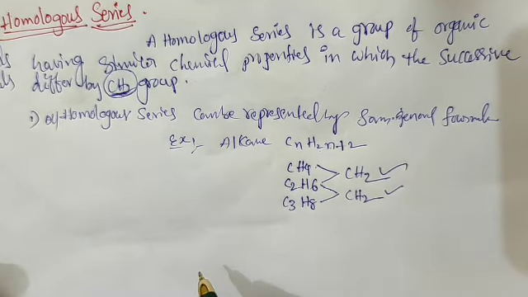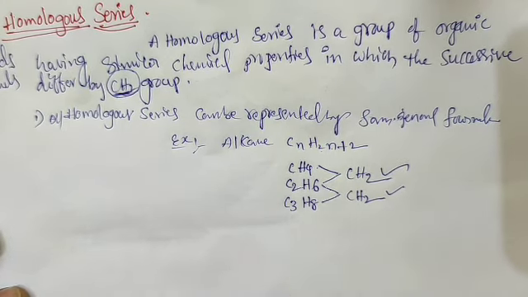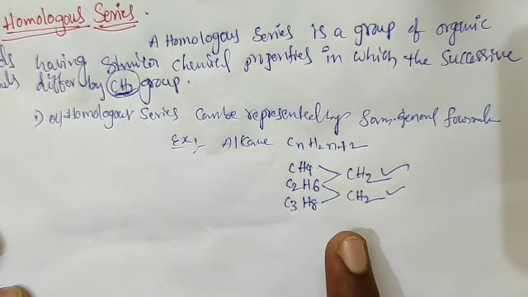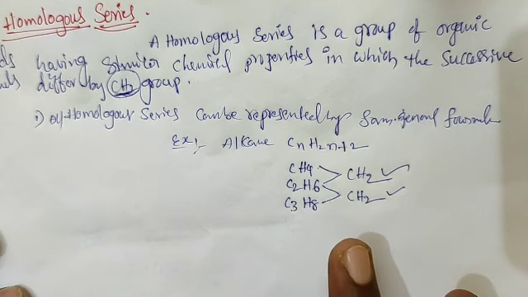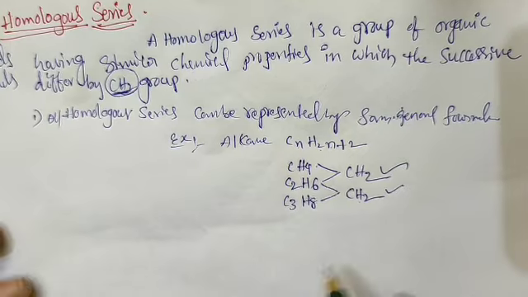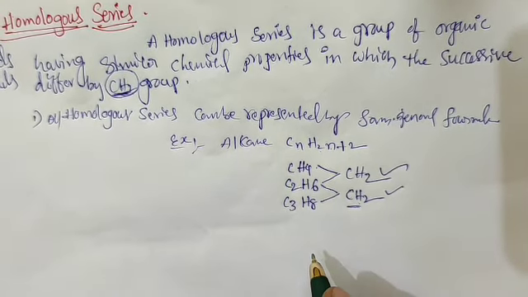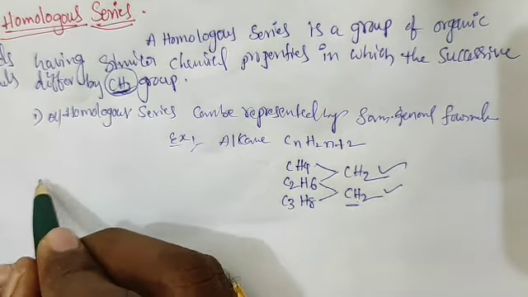Next point, any two adjacent homologous members differ by CH2, that is one carbon atom and two hydrogen atoms in their molecular formula.